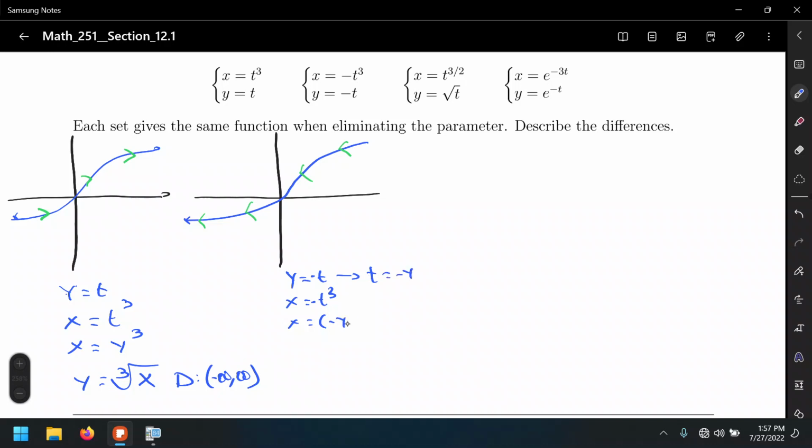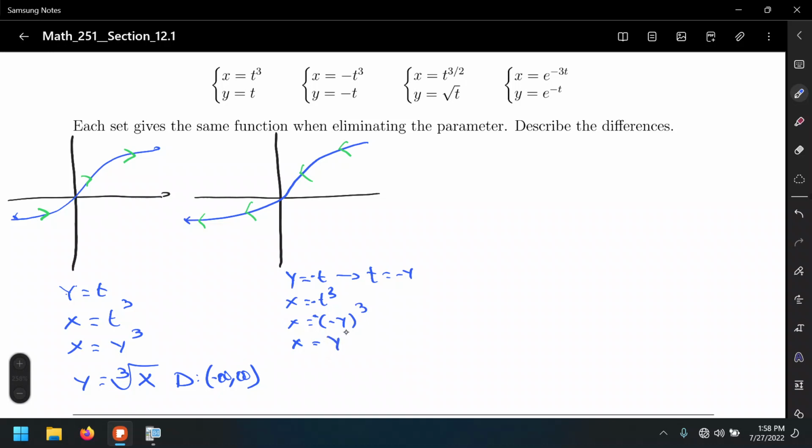And x equals t cubed, so x equals negative y cubed, from this one. And I'm going to take the cube root, and don't forget this negative also. I'm going to cube first. Okay, be careful, because this one is going to be negative.